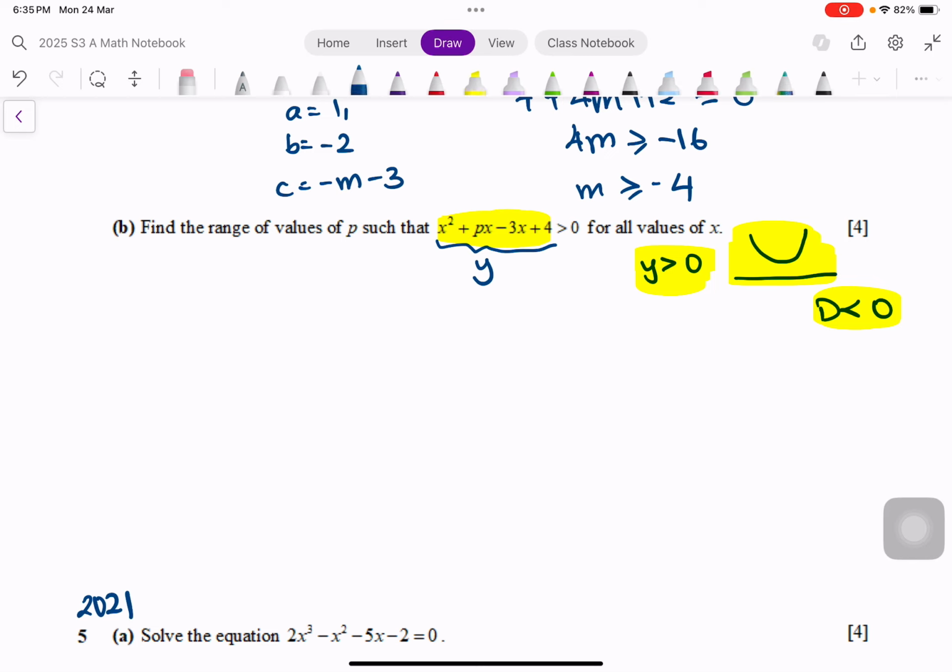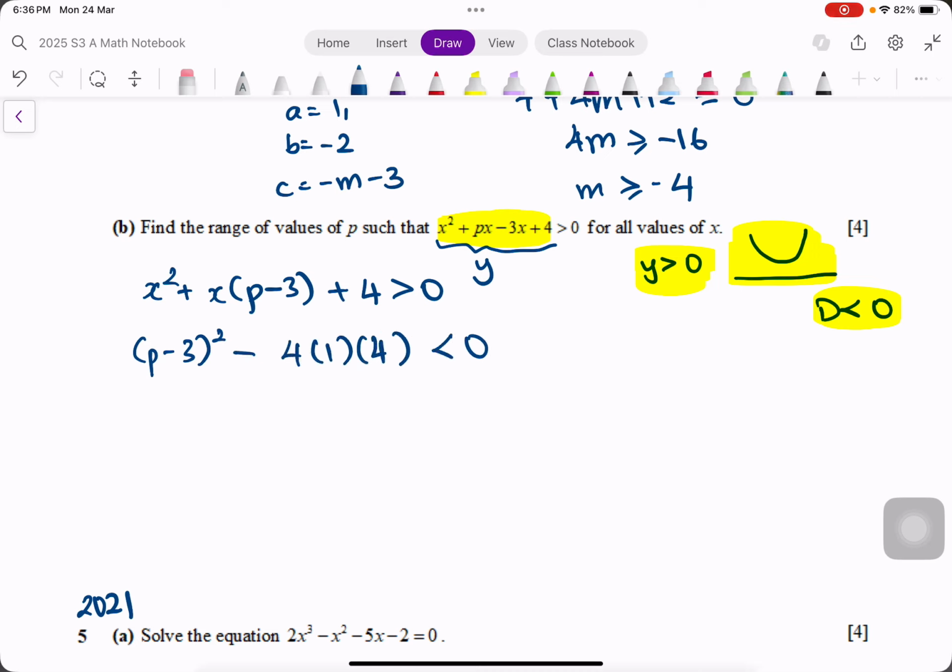Okay, so here x squared plus, I factorize out my x. I know it's more than 0. Okay, so I know my discriminant is less than 0. So I will do my b squared minus 4ac less than 0.